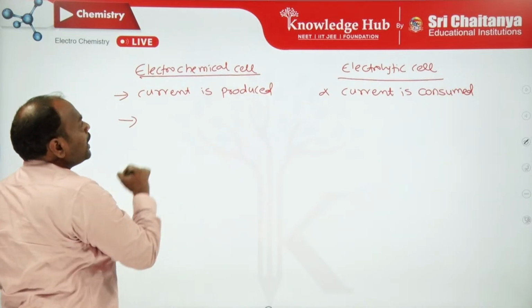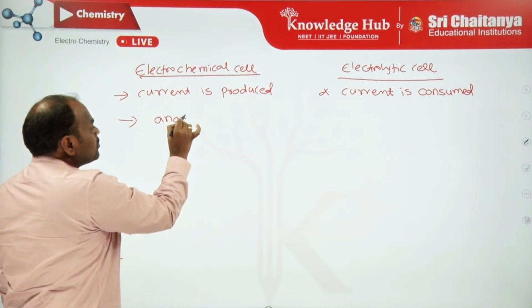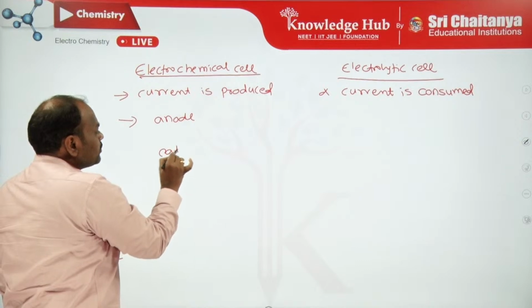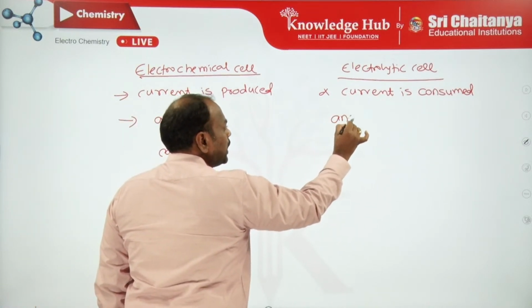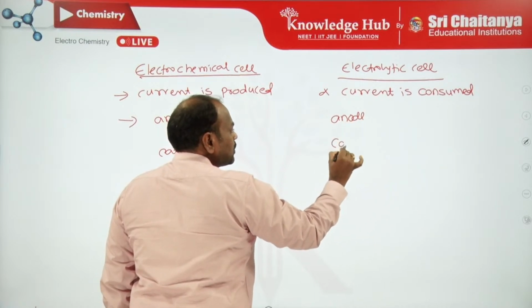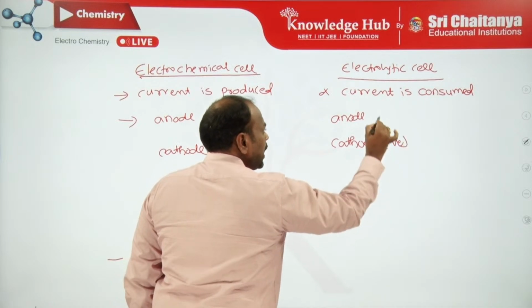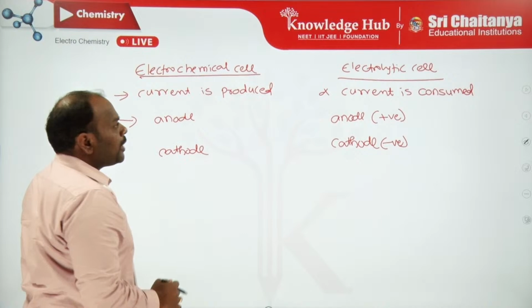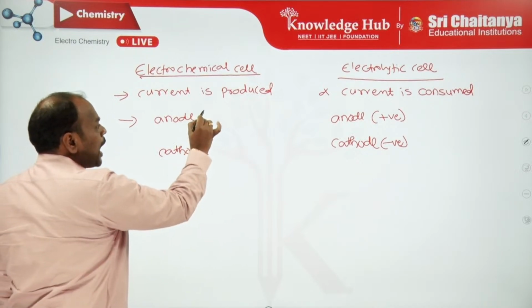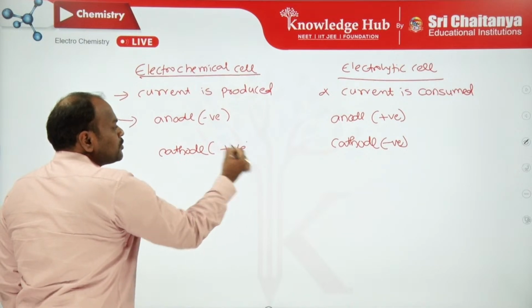In both we have an anode and a cathode. In the electrolytic cell, the cathode has the negative sign and the anode has the positive sign. But in the electrochemical cell, the signs are reversed: the anode gets the negative sign and the cathode gets the positive sign.